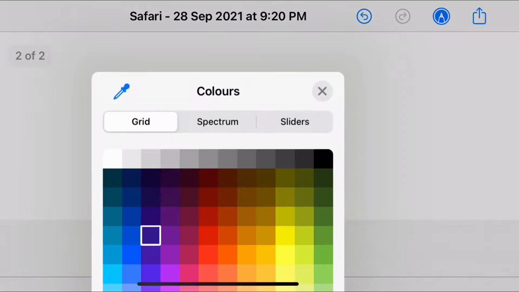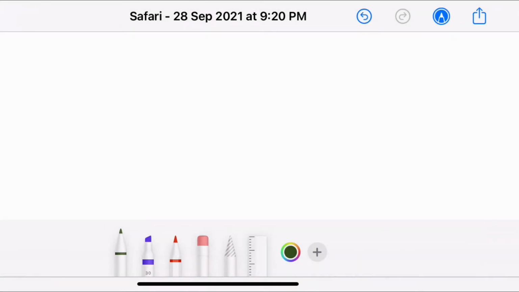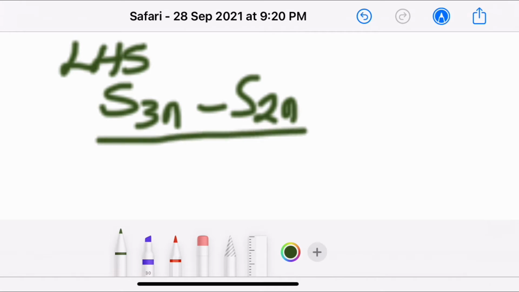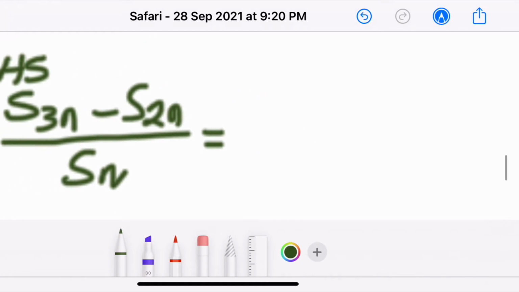We have S3n minus S2n, the sums of the first 3n and 2n terms, over Sn. This is asked by the question. We are going to work until we get the right hand side.